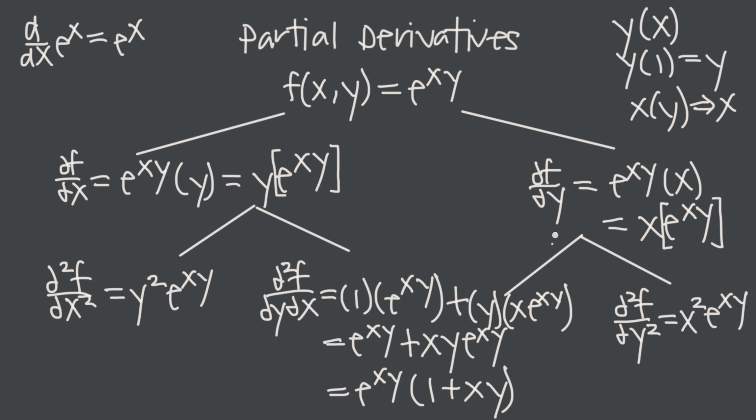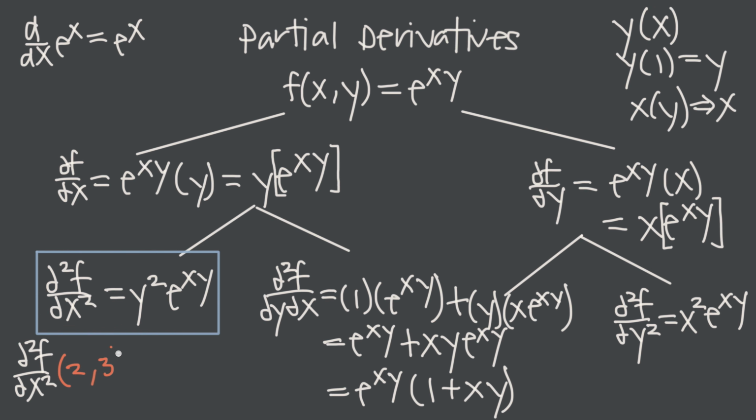So for example, if we want to find the value of the second derivative with respect to x, then we're looking at the second derivative here with respect to x. Let's say we want to find that at the point 2, 3. All we do is we take the same notation here, and then we add in here that we're evaluating this at the point 2, 3.